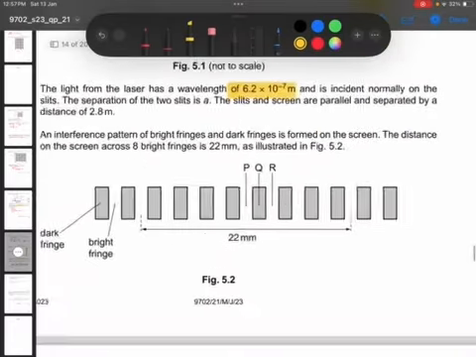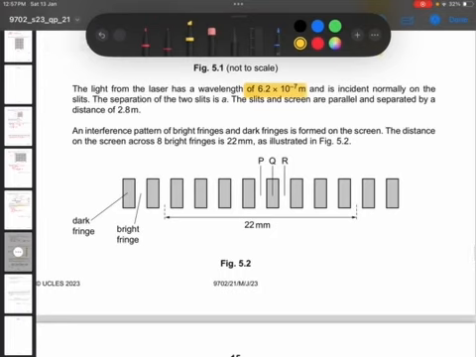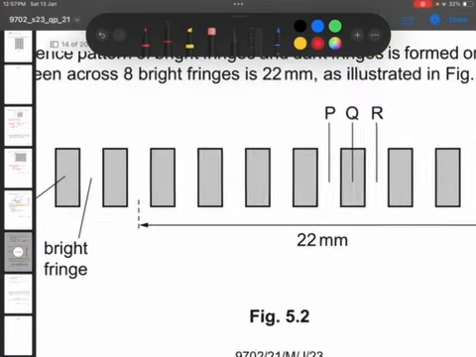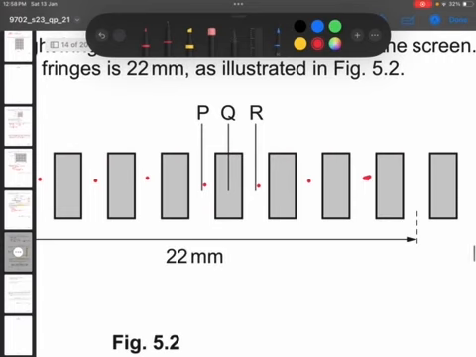An interference pattern of bright fringes and dark fringes is formed on the screen. The distance on the screen across 8 bright fringes is 22 millimeters. So I think we must be aware of this. These regions here are representing the bright fringes, where constructive interference is happening.